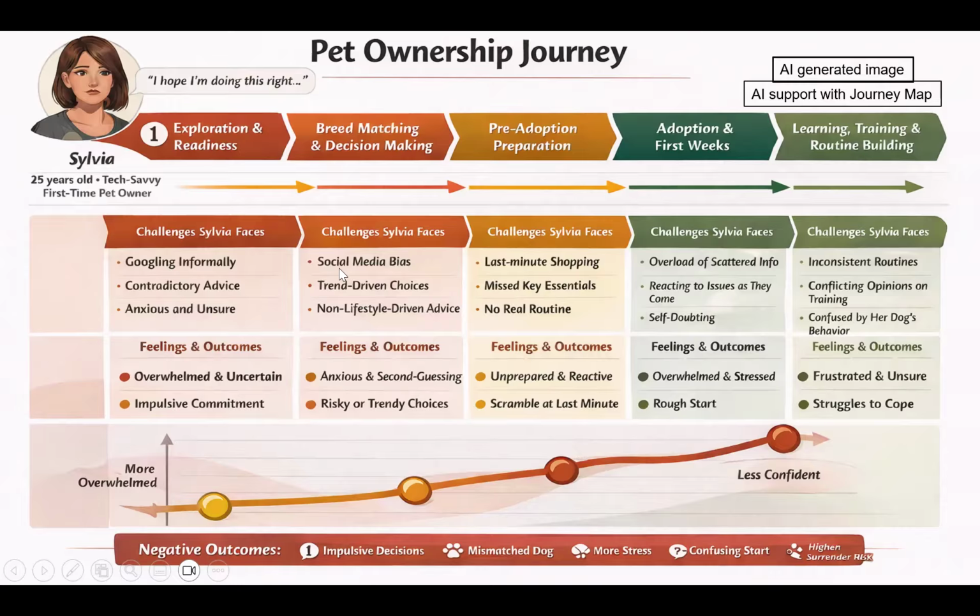And when you look at that, each stage has challenges and then feelings and outcomes, which are quite often less than positive. And what that leads to is, if you look at the scale of overwhelm, by that 90 days you can be feeling much less confident and you could be at a high surrender risk eventually.